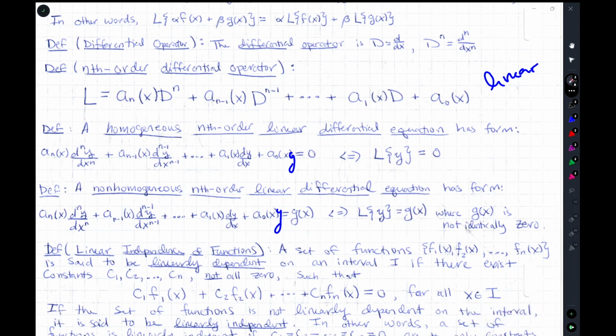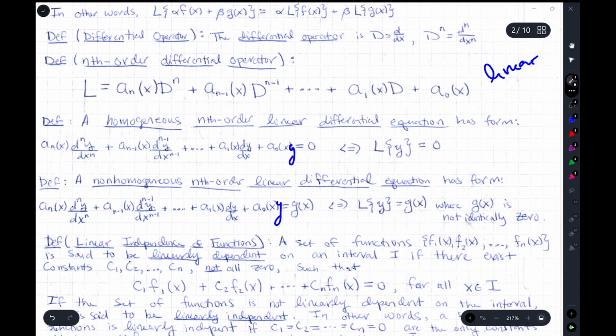We're actually going to consider different functions. But not identically 0 means it's not just 0 everywhere. That would be a homogeneous one. So if g(x) is 0 on the entire interval you're considering, then that's just a homogeneous one. This is just to differentiate between homogeneity and non-homogeneity.